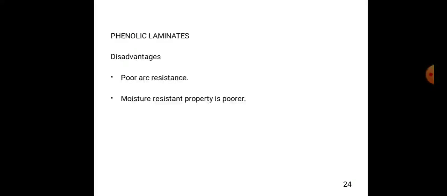The main disadvantages are poor arc resistance and poorer moisture resistance. Moisture resistance is important because if it is very low, a short circuit may occur on the board. Depending on our requirement, we choose phenolic laminates.